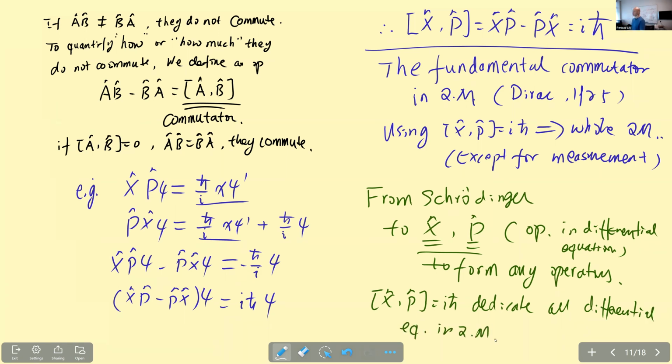So you can see that there is kind of a reconciliation of Dirac and the Schrodinger.